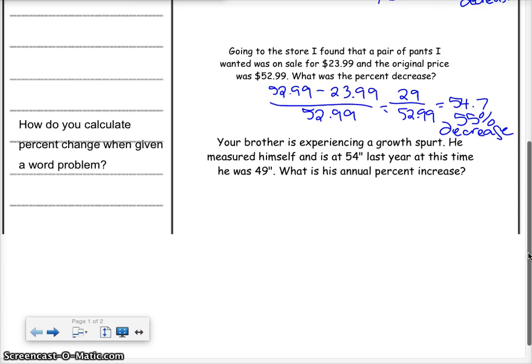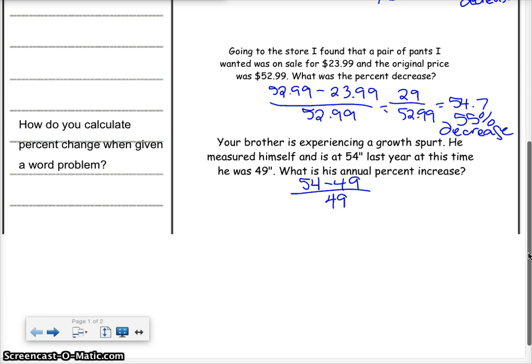Your brother is experiencing a growth spurt. He measured himself at 54. Last year at this time he was 49 inches. What was his percent increase? Big number minus small number divided by original. Where did he start at? 49. Yeah, he did. He was 49 at first.